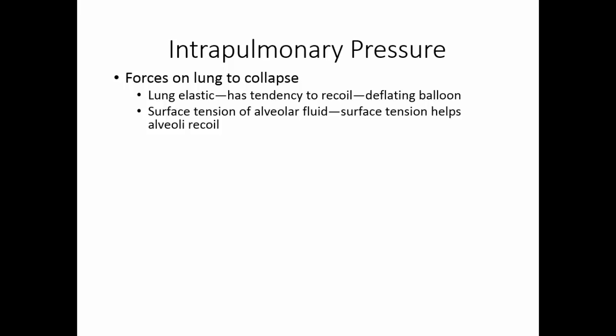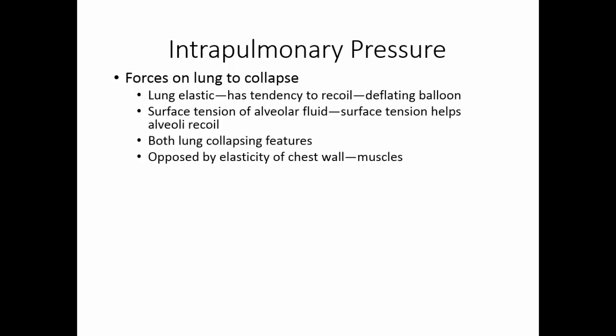Surfactant helps prevent this from happening. But both of these are lung collapsing features. These are opposed by the elasticity of the chest wall. Your muscles and the cartilage that attach the ribs to the sternum help pull the lungs back out. In a healthy individual, neither of these forces overwhelms the other.